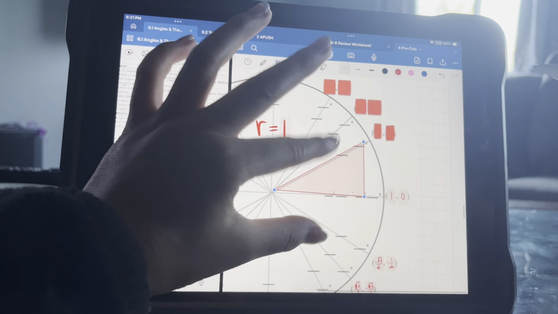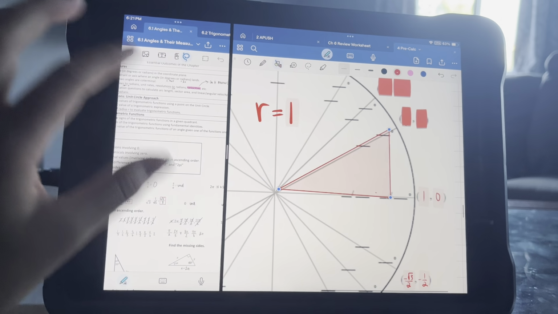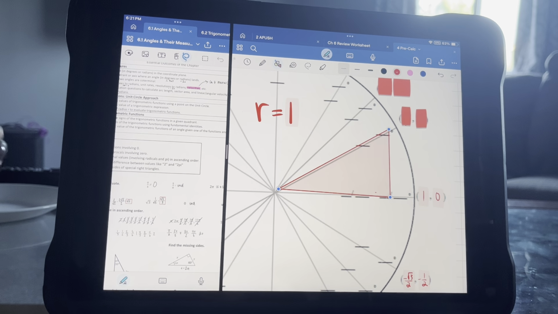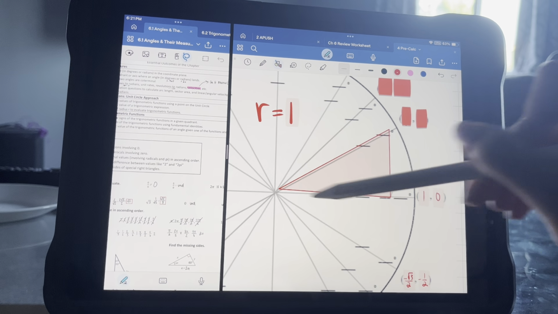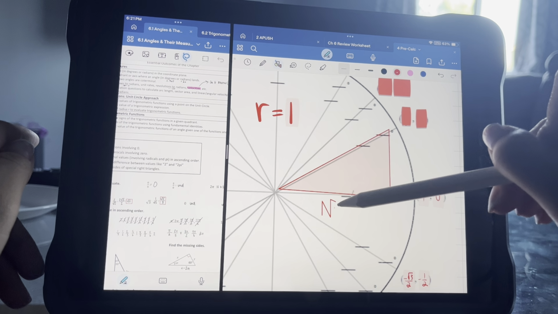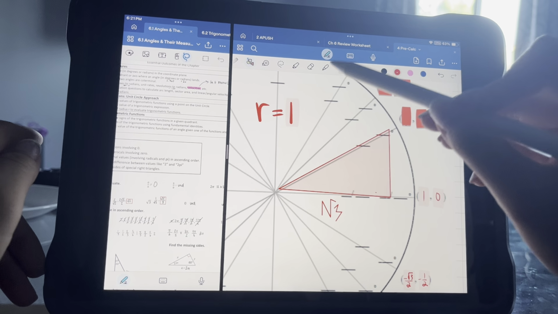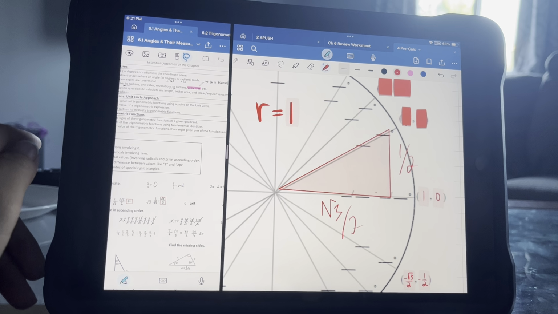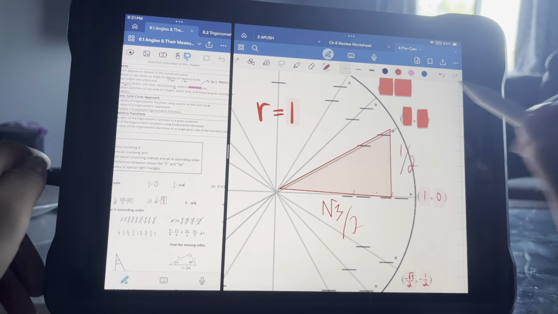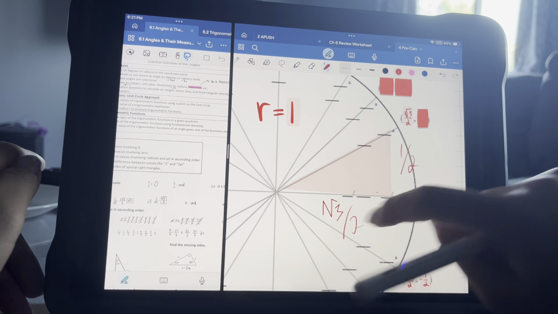When we figured out the trig in our notes, which I'm not going to do right now, we found out that this side is root 3 over 2, and this side is 1/2. Therefore, our x is root 3 over 2, and our y is 1/2.